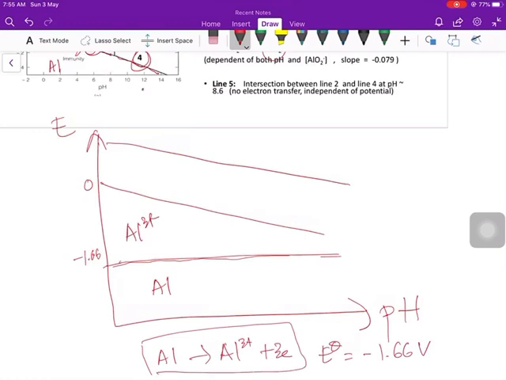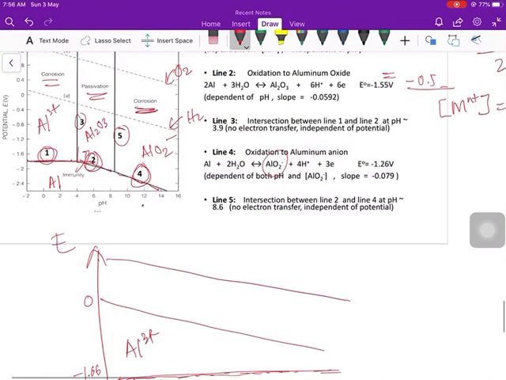It's horizontal. There is no slope because in this equation there is no H plus. It means that this reaction is not dependent on pH. So whenever you change the pH from 0 to 14, it will not affect the E cell. The E cell is still the same from 0 to 14.